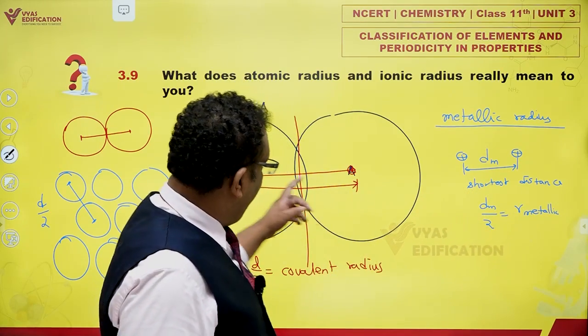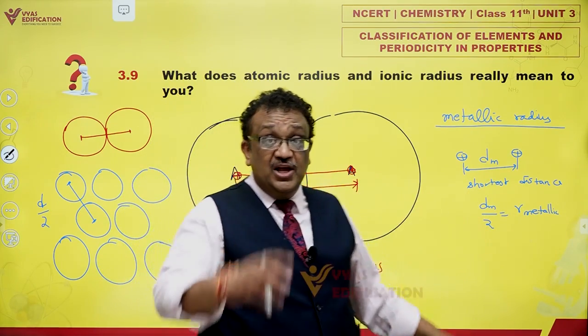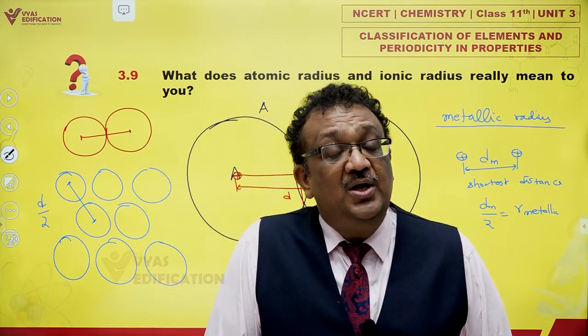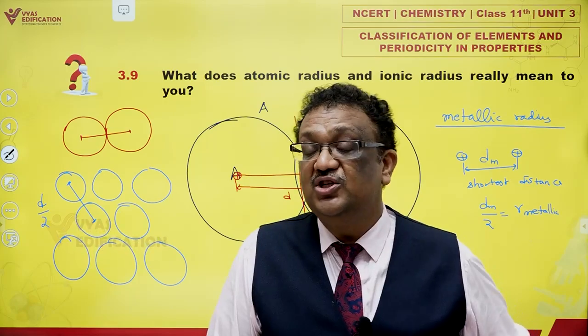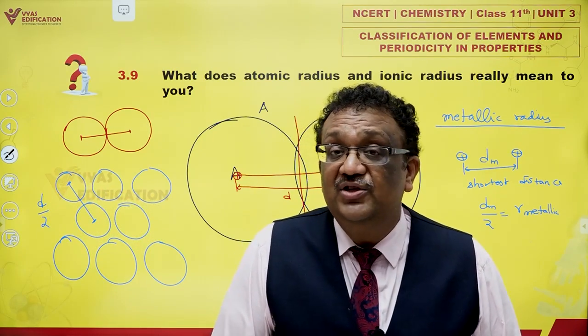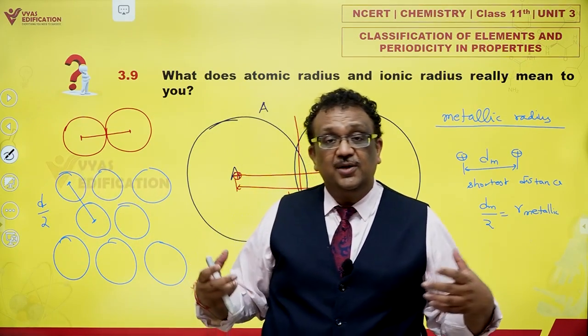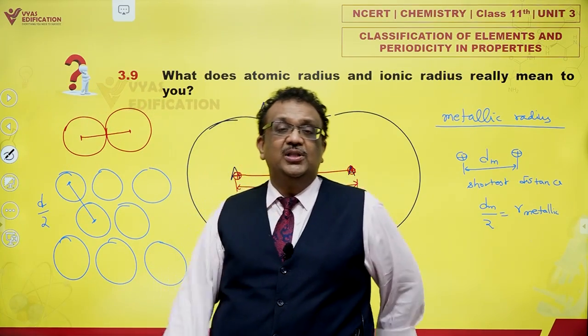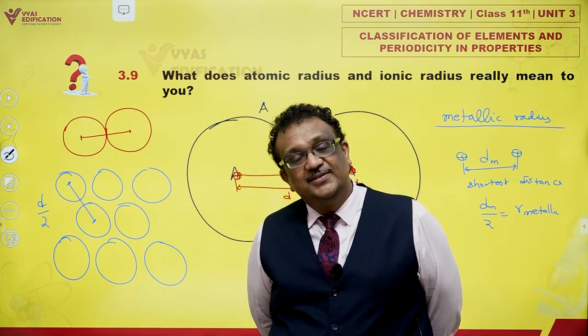So we have covalent radius, metallic radius, and also the so-called Van der Waals radius. Why? Because this is measured between species which are not connected to each other by any metallic or chemical bond, but which are just held together by Van der Waals forces.